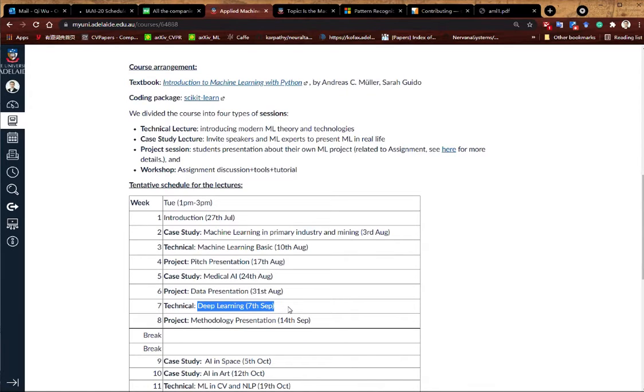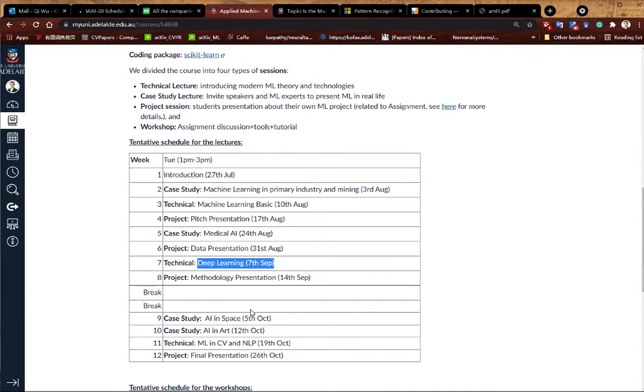Basically, I think this round of AI is very hot mainly because of deep learning. Without the use of deep learning in computer vision and natural language processing, we wouldn't have this round of AI hype.